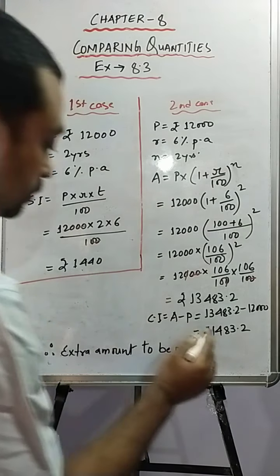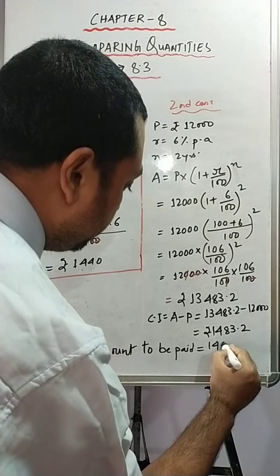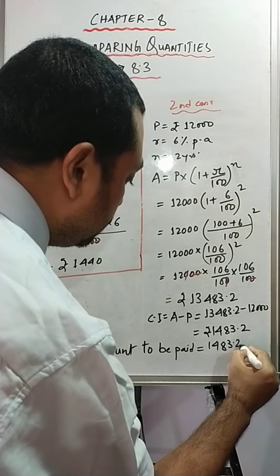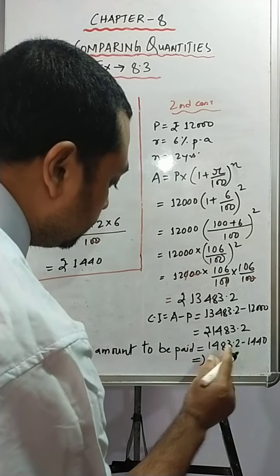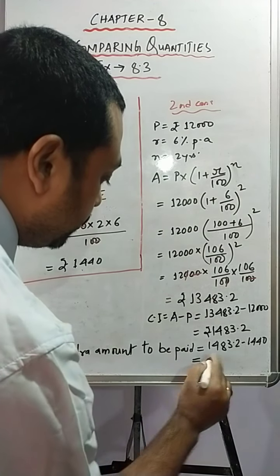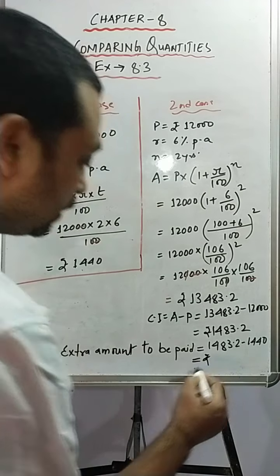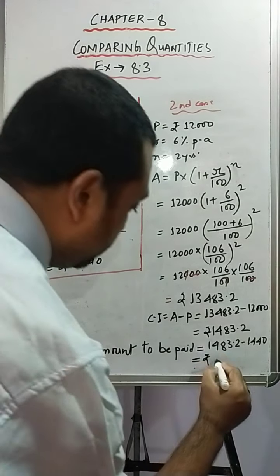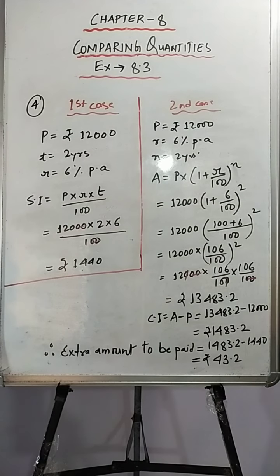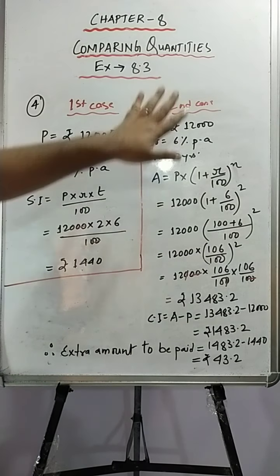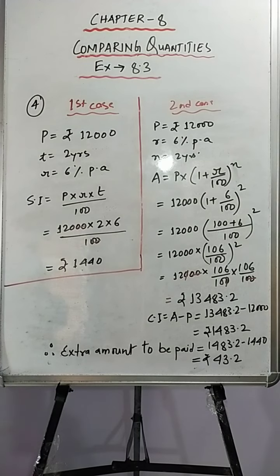The difference of these two values, that is 1483.2 minus 1440. So that would be equal to rupees 43.2. So this is the extra amount I have to pay if I have to pay Jamshed as compound interest. Fine. So this is the solution of question number 4.